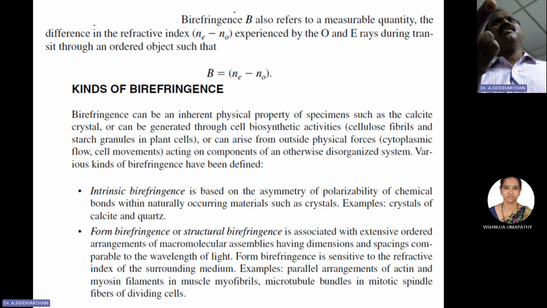Based on your refractive index, the velocity is altered. Vacuum, water, differences are there, so the speed of light also will be altered. So now we are talking about a crystal. In a crystal, in a particular direction, we say light is going in a faster manner. That is called the extraordinary ray. Light continuing at its same velocity is called the ordinary ray. So that's what is represented by the two diagrams.